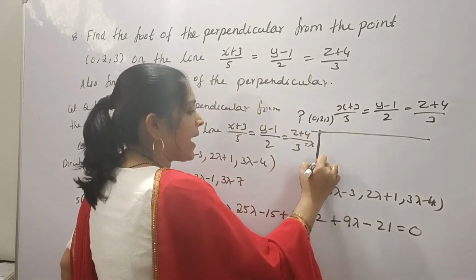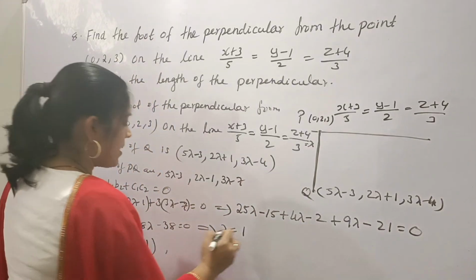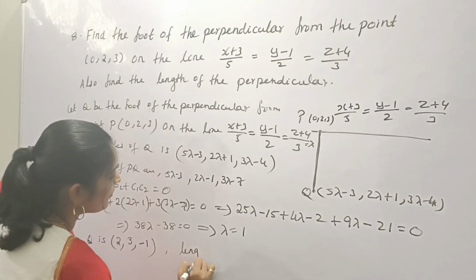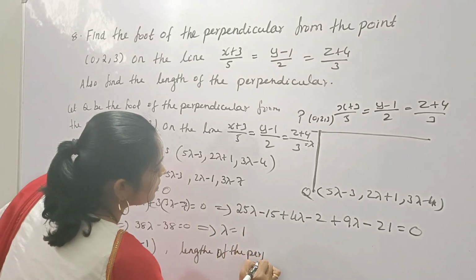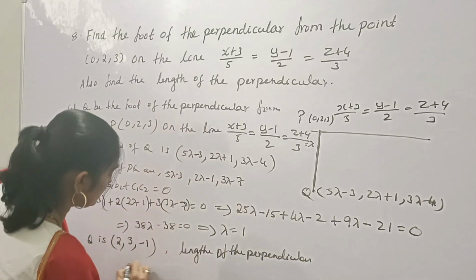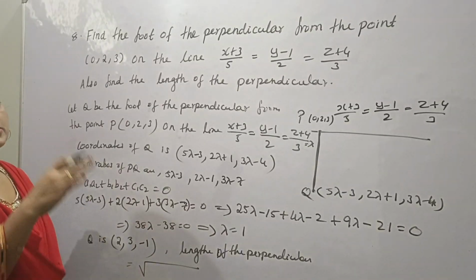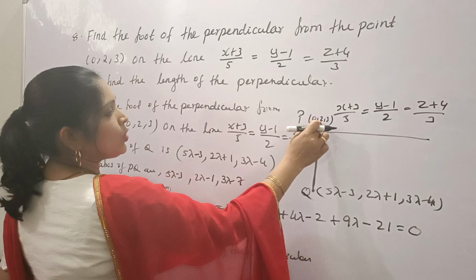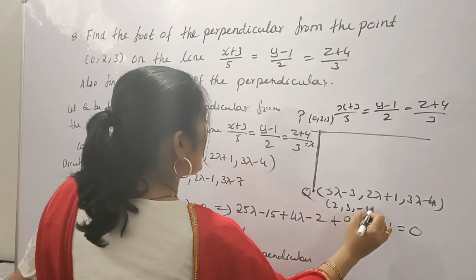See, the length of this line, that is PQ, the distance PQ, that is the length of the perpendicular, is equal to the square root of, what is the distance between these 2 points? 0, 2, 3, and this point is 2, 3, minus 1.